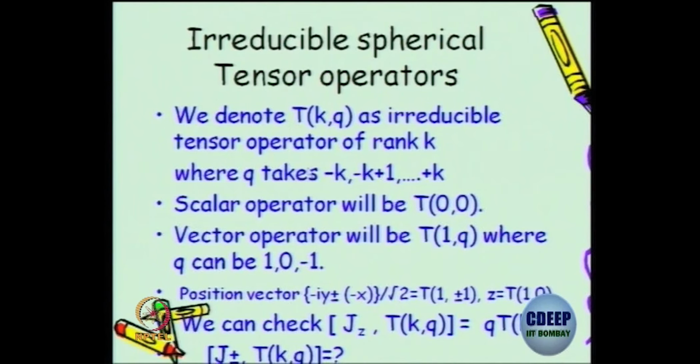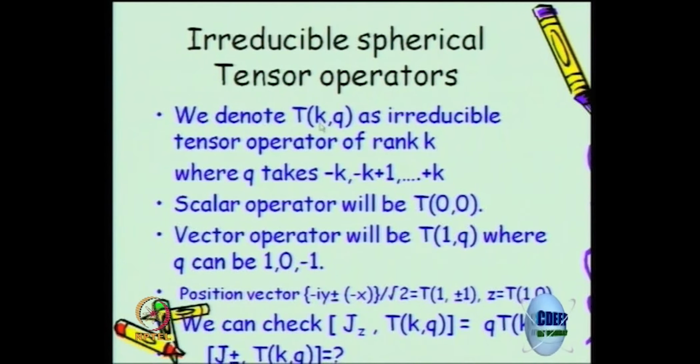We are going to call a tensor operator a tensor operator of rank k. Okay, so take this as a definition. So we write T in brackets, we have two integers or half odd integers, but for operators they are always going to be integers.